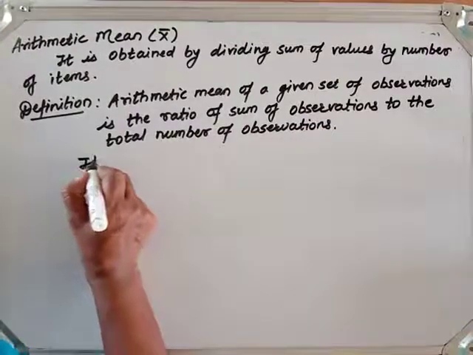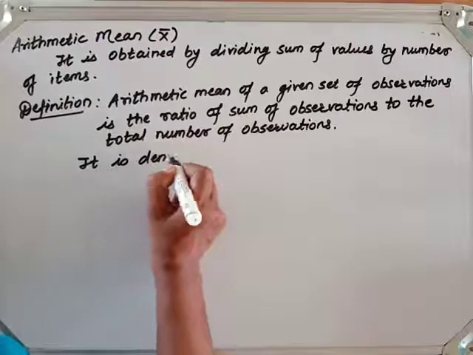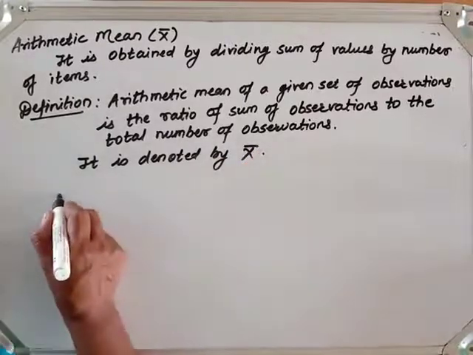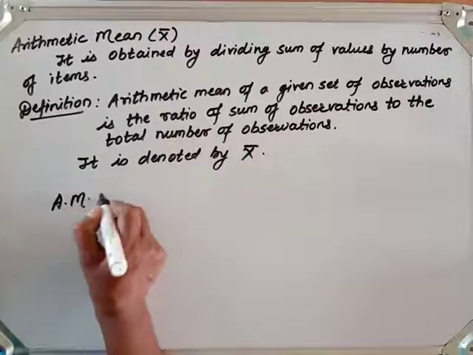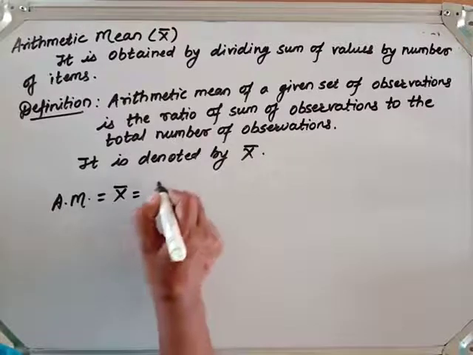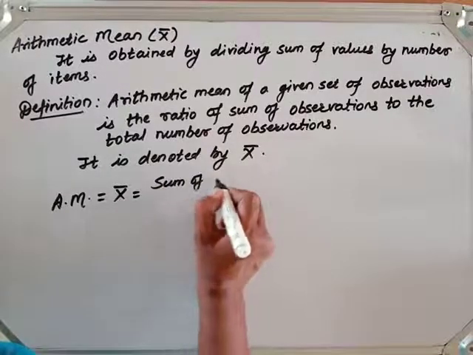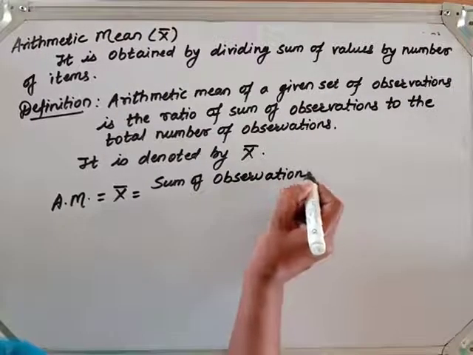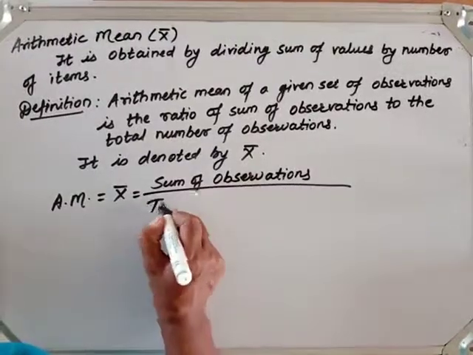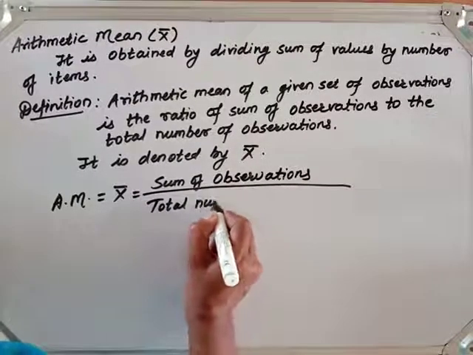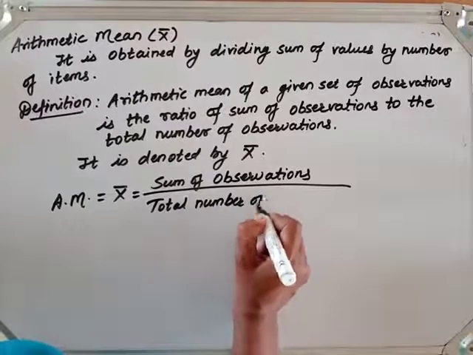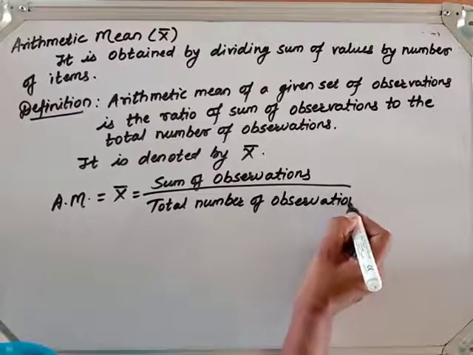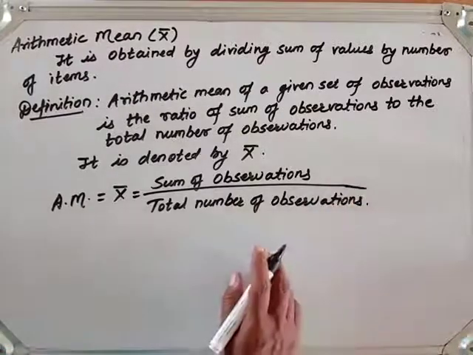It is denoted by x bar. Therefore arithmetic mean or AM is what? X bar is equal to sum of observations upon total number of observations. This is the definition of it.